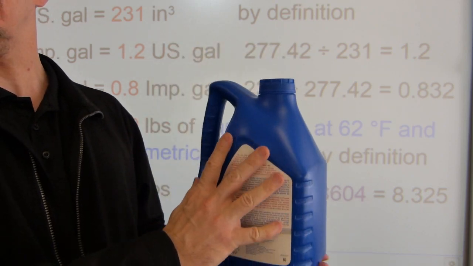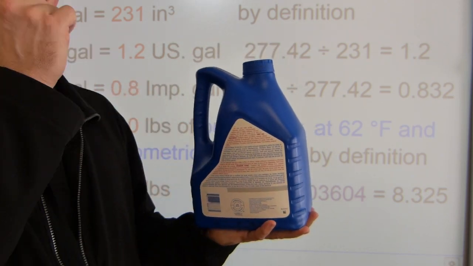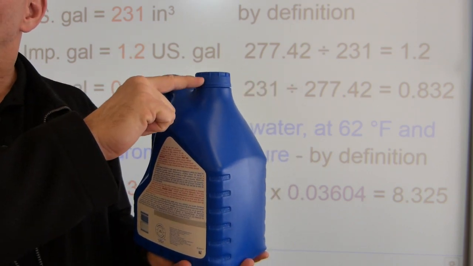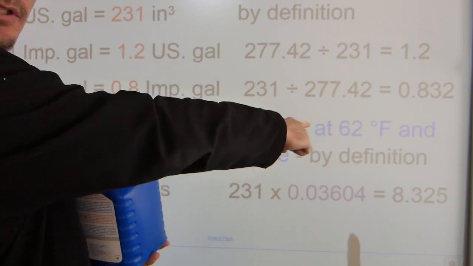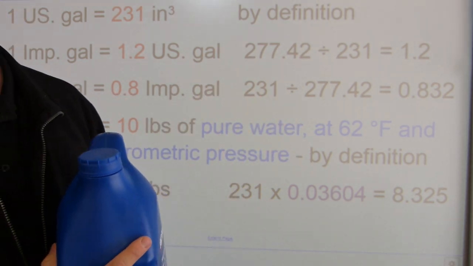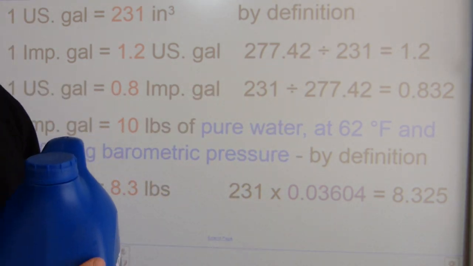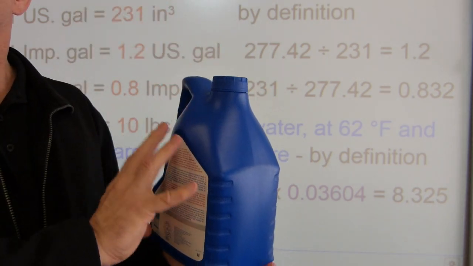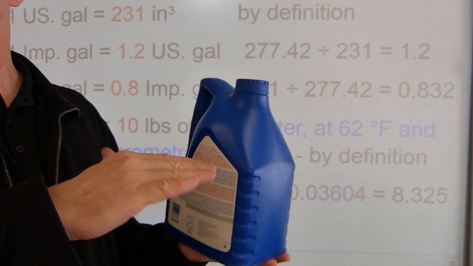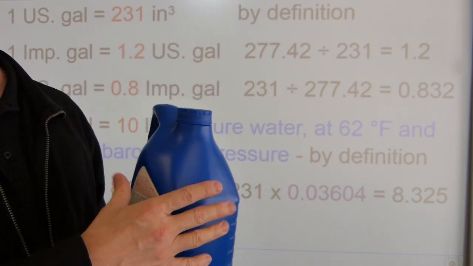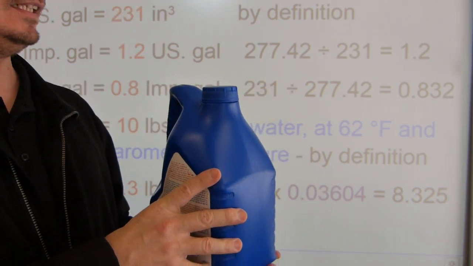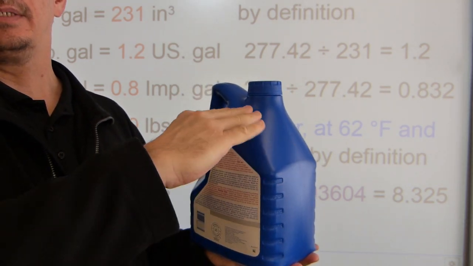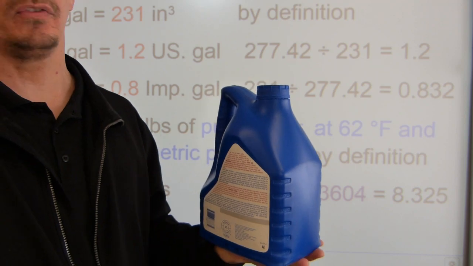So if 277 plus 42 whatever decimal digits filled it to the brim at 62 degrees Fahrenheit, that's 16 and 2/3 degrees Celsius, and if you heat it up from 16.6 Celsius, 62 degrees Fahrenheit, to, I don't know, 100 degrees Fahrenheit, it's going to overspill, it's going to run down here because it expands and it's going to just run over.